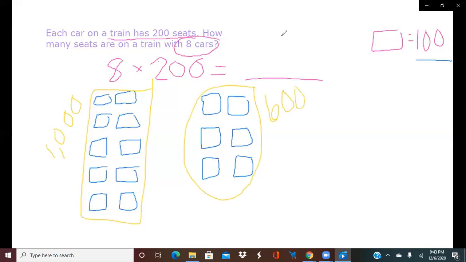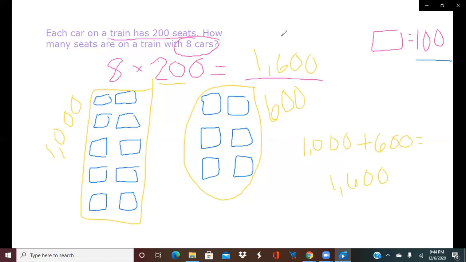To find out how many seats we have altogether on the 8 train cars, we're going to add 1000 plus 600, which equals 1600. So that tells me that 8 times 200 equals 1600. And on those 8 train cars, there are 1600 seats.